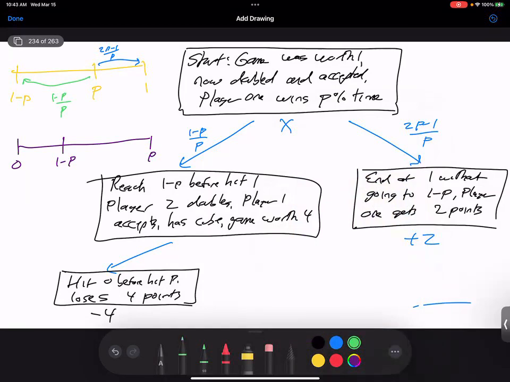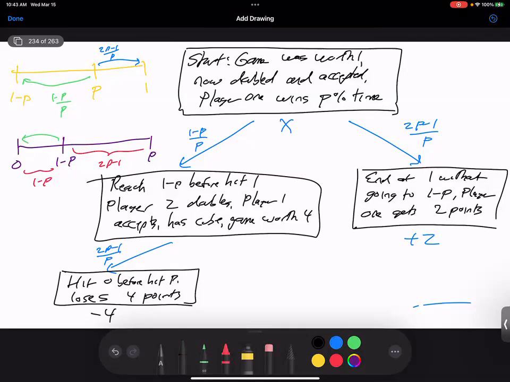So what's the probability if we start at 1 minus P, we hit 0 before we hit P? That should be this length here is 2P minus 1. This length here is 1 minus P. Notice they add up to P again. And so the probability that I'm going to hit 0 before I hit P is just going to be the length of the side I've already covered, the P to 1 minus P, divided by the length of the whole thing, P. And so I would get that this would happen with probability 2P minus 1 over P.